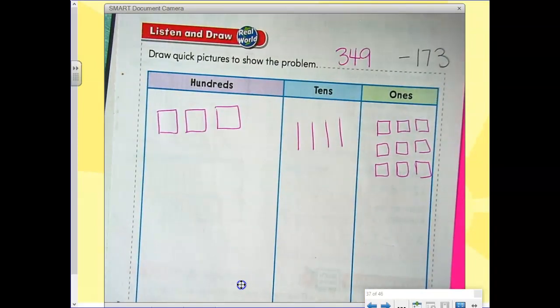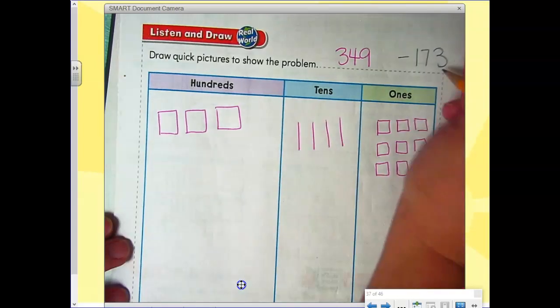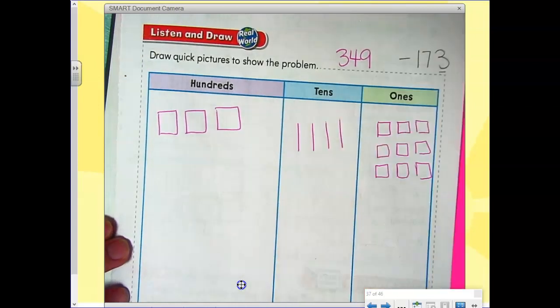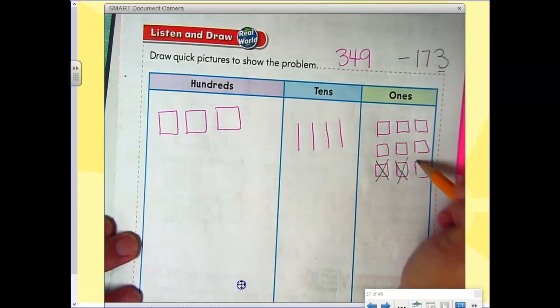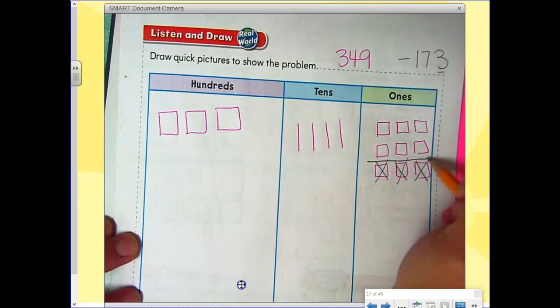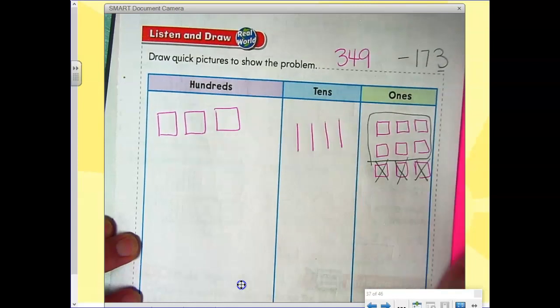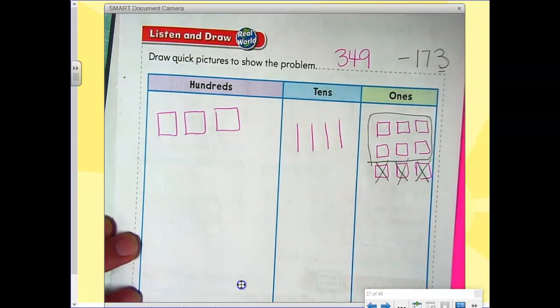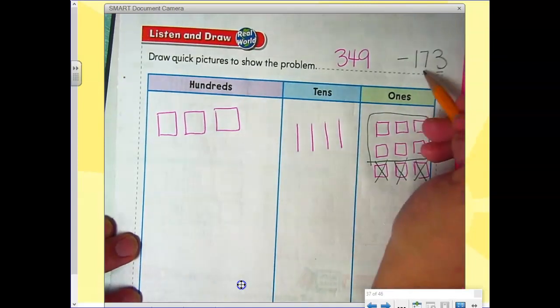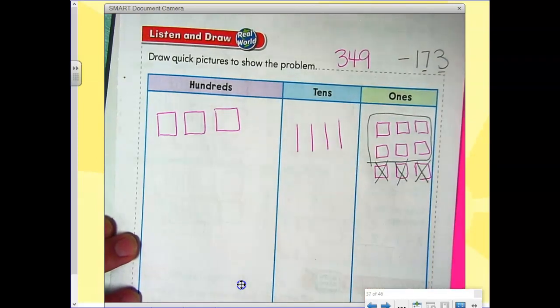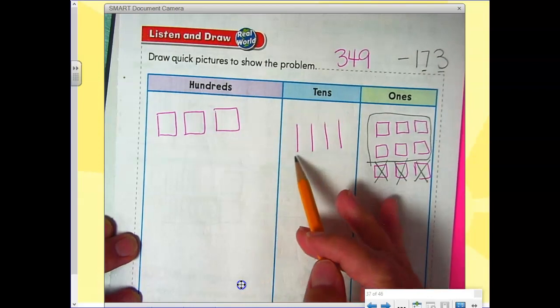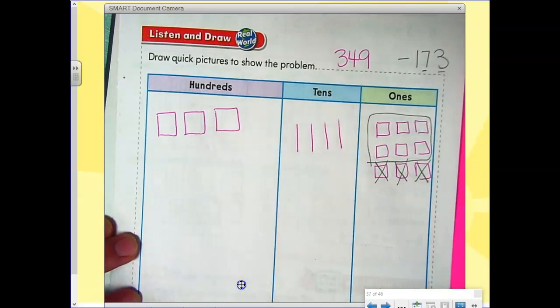So how many in the ones place do we need to get rid of? 3. So cross them out. All right, how many in the tens place? 7. All right, we have 1, 2, 3, 4.